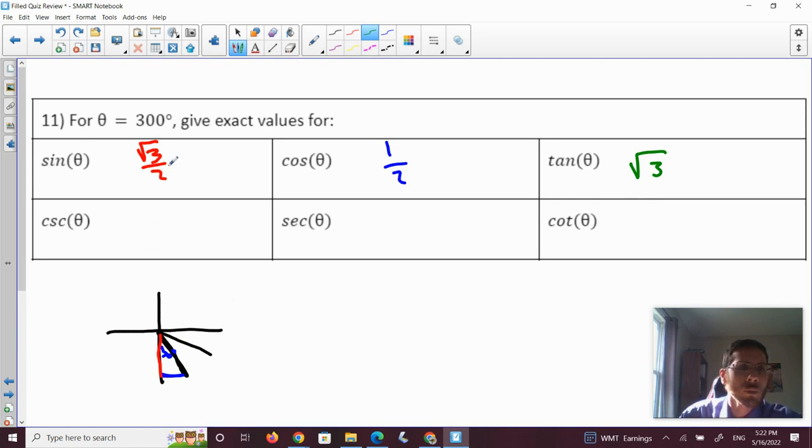So then what we got to do is just figure out all the others. Secant's going to be nice because we can flip 2 over 1 to just be 2. For cosecant, we flip it to 2 over square root of 3, but that's not going to work, so let's simplify that a little bit better. Times root 3 over root 3, so 2 radical 3 over 3.